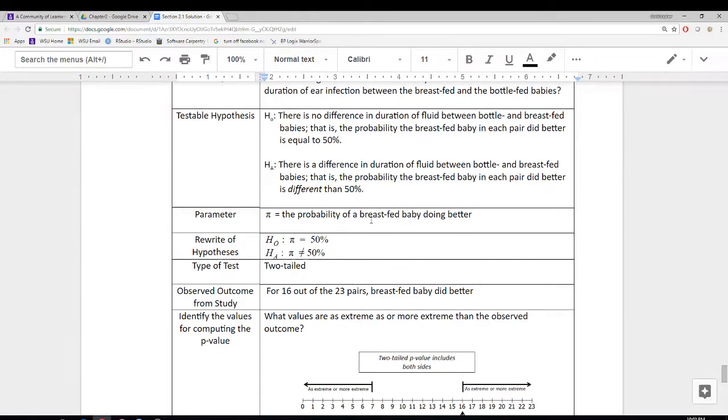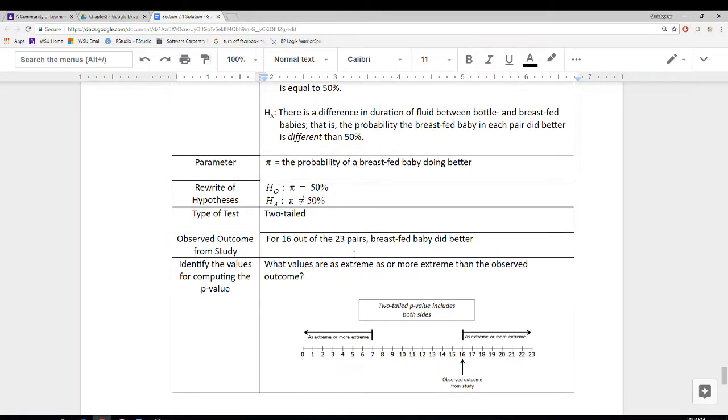We talked about that up above. It's two-sided because being too high in the number line is going to indicate a difference, and being too low in the number line is going to indicate a difference. So when determining values as extreme or more extreme than the observed outcome, what we need to do is worry about 16 and above.